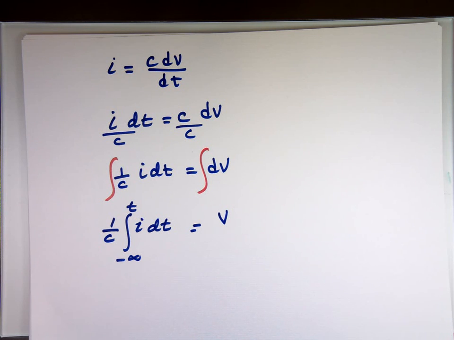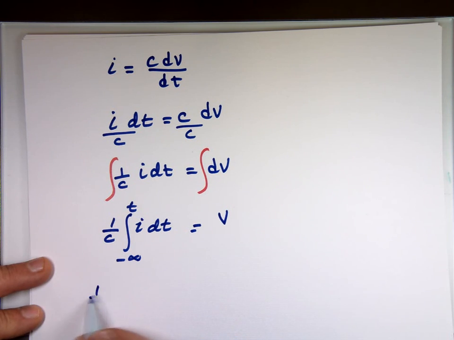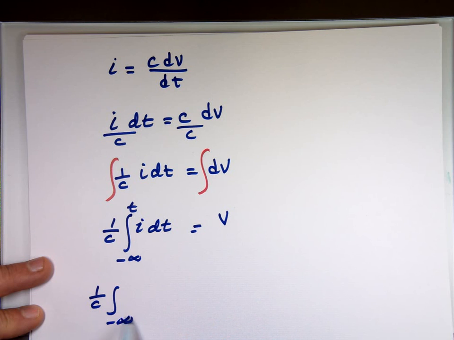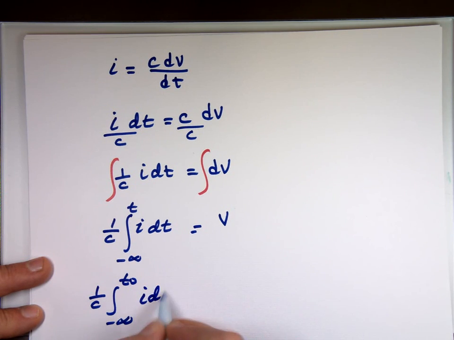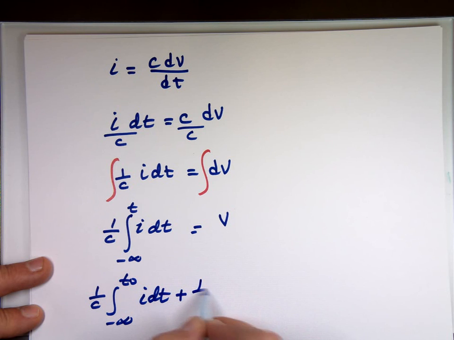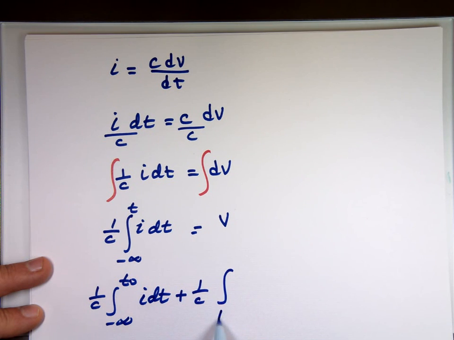And if you want to break it down, you can go 1 over C, the integral from negative infinity to t0, anytime you want it to be, I dt, plus 1 over C, the integral from t0 to t, I dt.